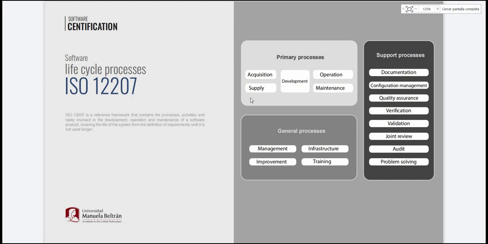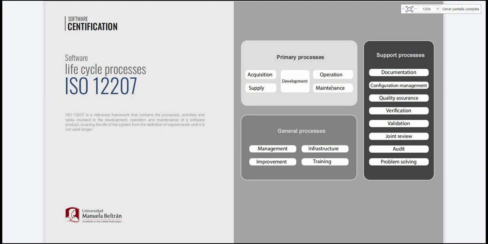Development is activities and tasks focused on obtaining a software product. It is made up of analysis, design, coding, test, integration, and implementation. Operation: this is activities in exploitation of the software and operational support to the user.